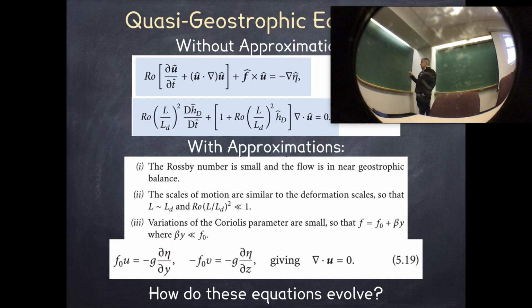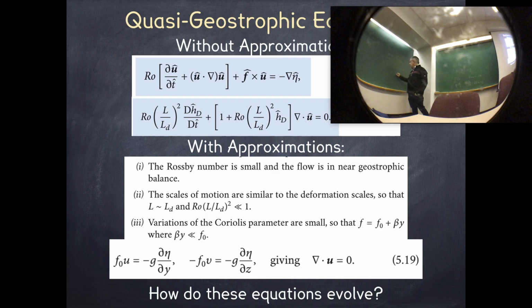But at leading order, it's just F naught cross u hat, if this is small compared to that. What does this being small compared to that mean in terms of the scales of motion? The spatial scale is smaller than the Earth radius. Yes. So the spatial scale is smaller than the Earth's radius.